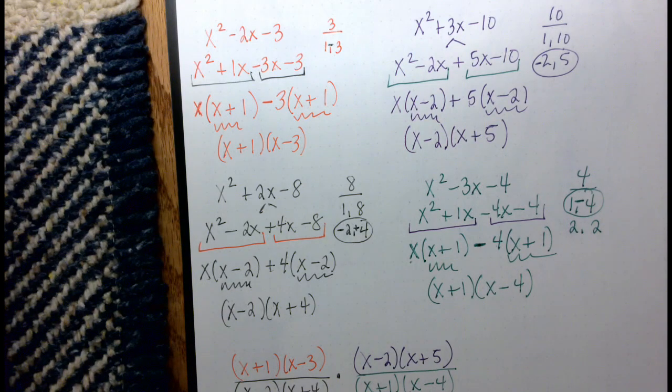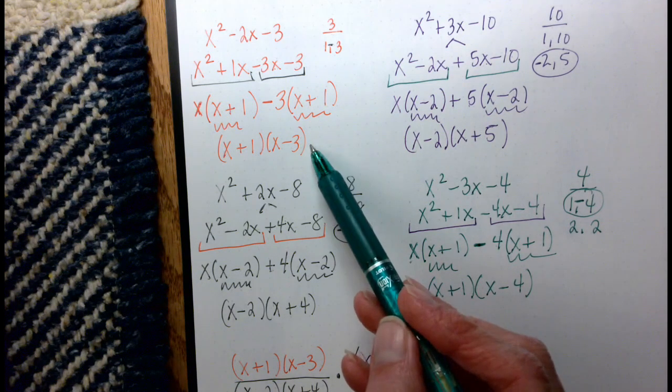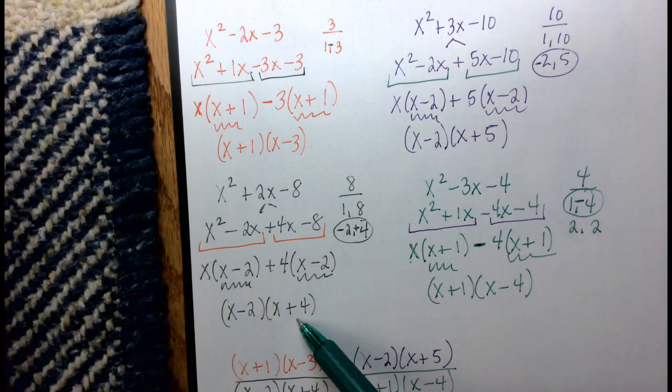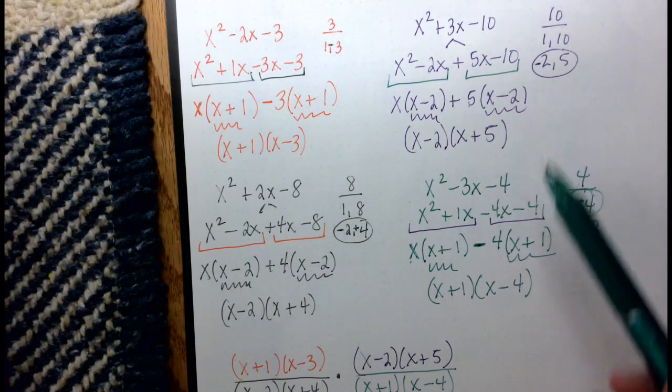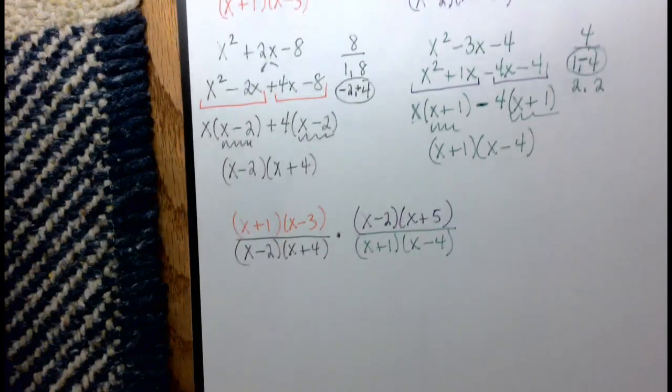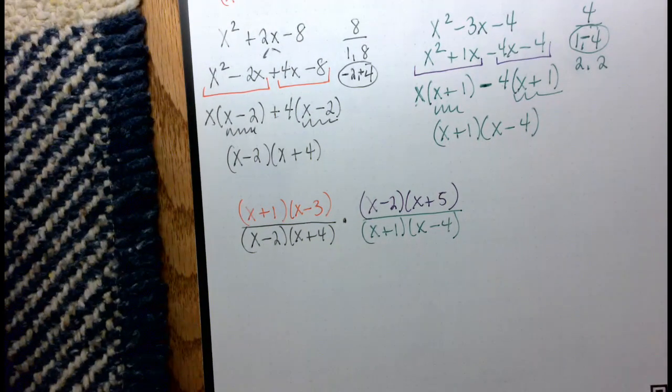You couldn't see any of that, but I copied this down, then I put it over this, copied this down, put it over this. Here it comes. I'll give you a minute to copy that down, although it's probably easier to pause the video and look at it.